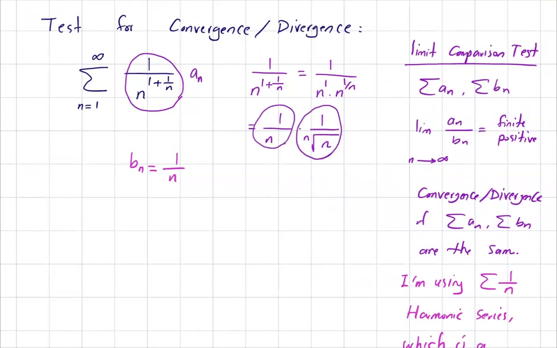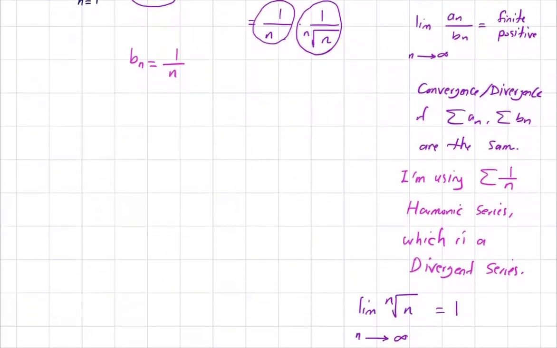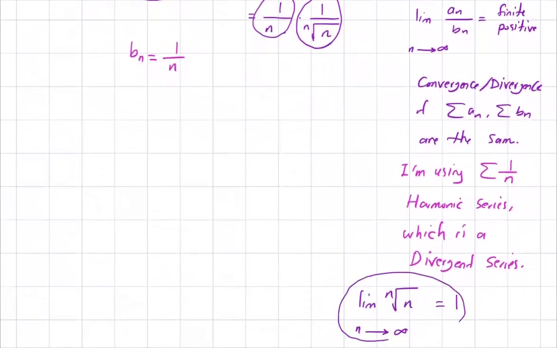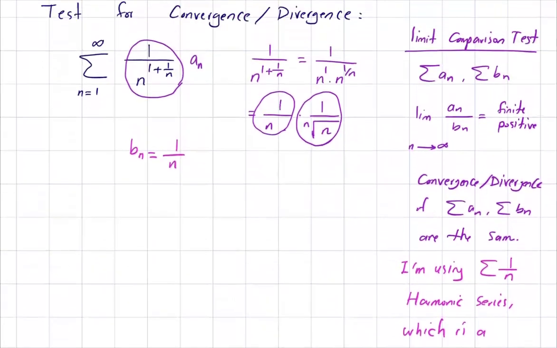And because I know the limit of 1 divided by the nth root of n is equal to 1, I end up with 1 over n. So to compare this series, I'm going to use the harmonic series 1 over n.